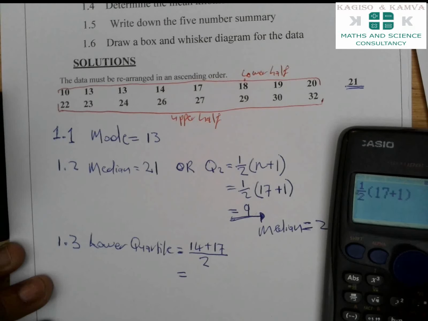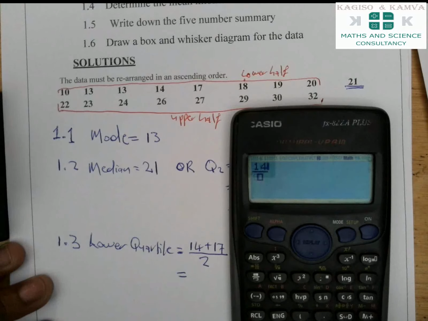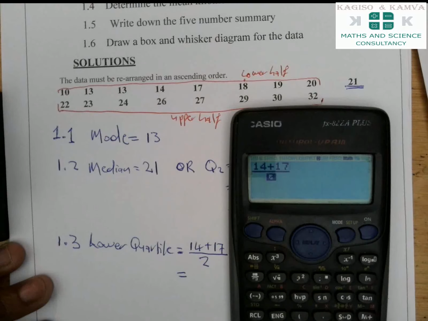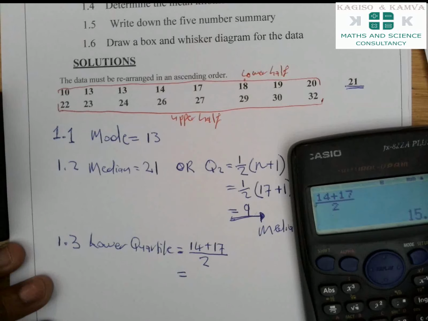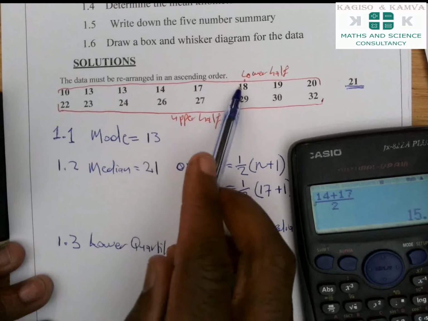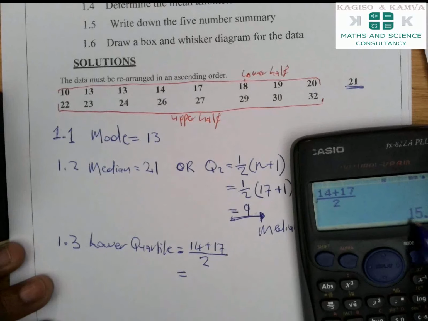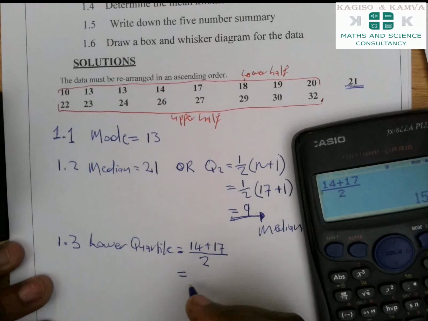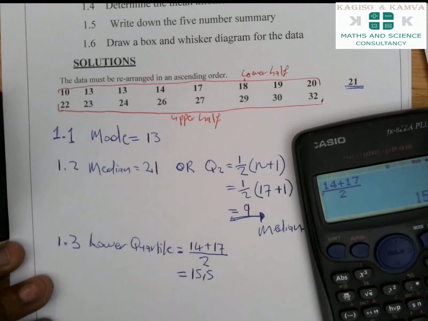Say 14 plus 17, that will be 15,5. Okay, 1, 2, 3, 4, 1, 2, 3, 4. Yes, these ones we add these two. So our lower quartile is going to be 15,5. We have it there.